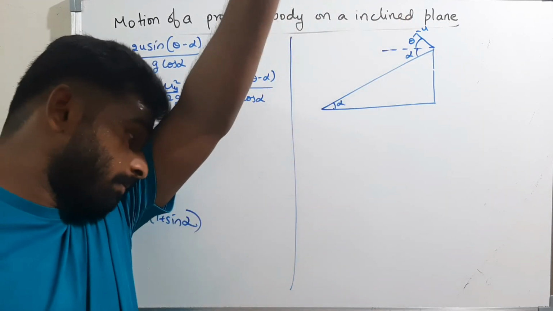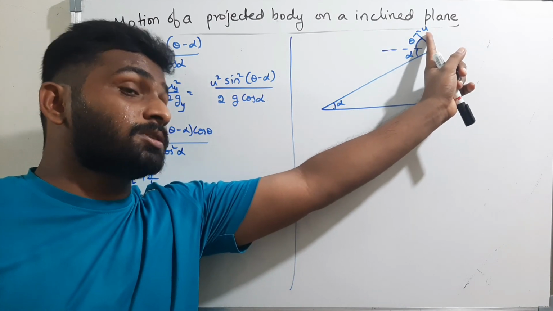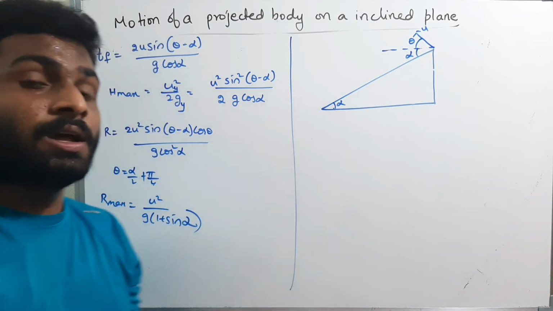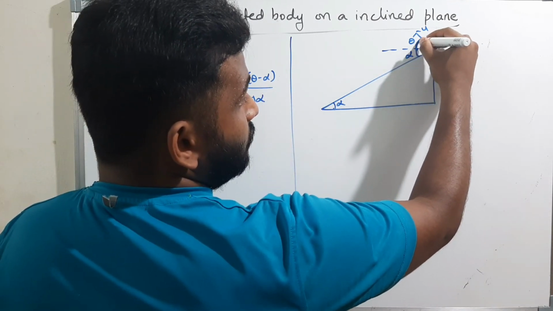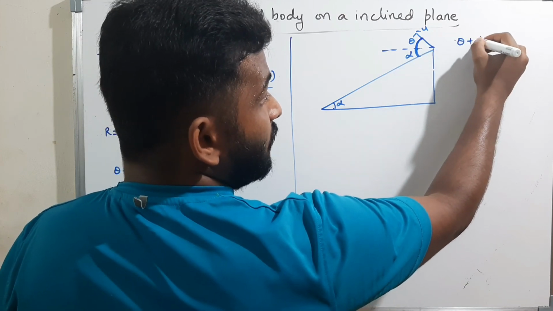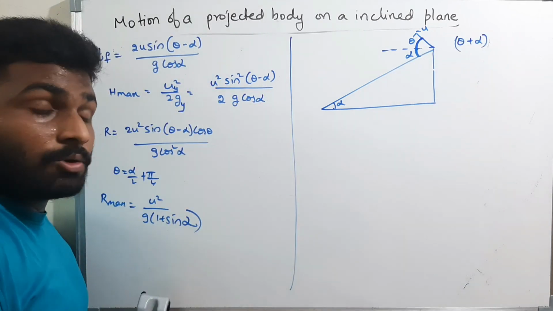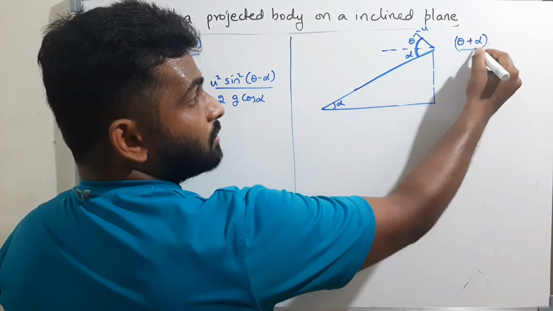What is the total angle made with the plane? The total angle is theta plus alpha.